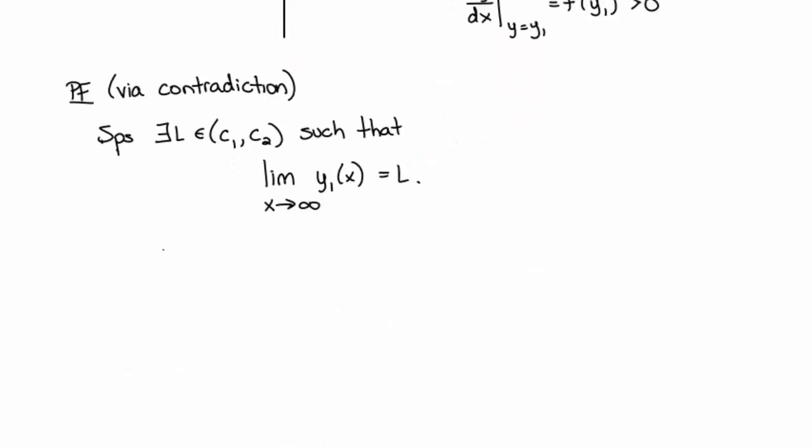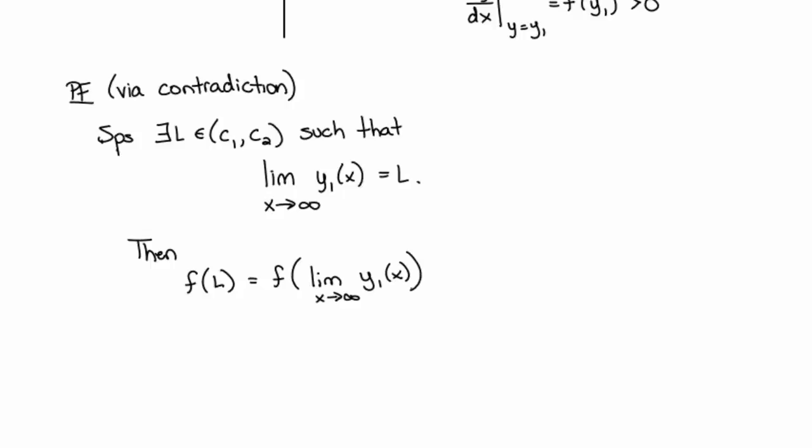Well, with that assumption, remember dy/dx is equal to f of y. So then f of L is just equal to f evaluated at the limit as x approaches infinity of y sub 1, because we have assumed that that's what L is.